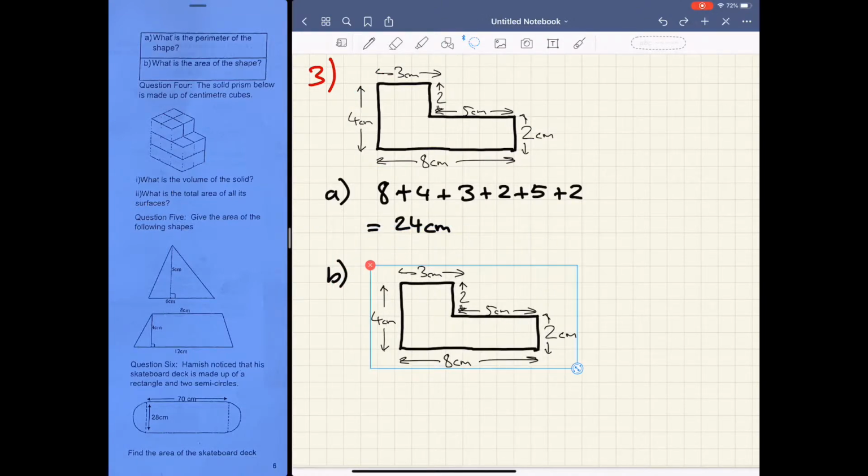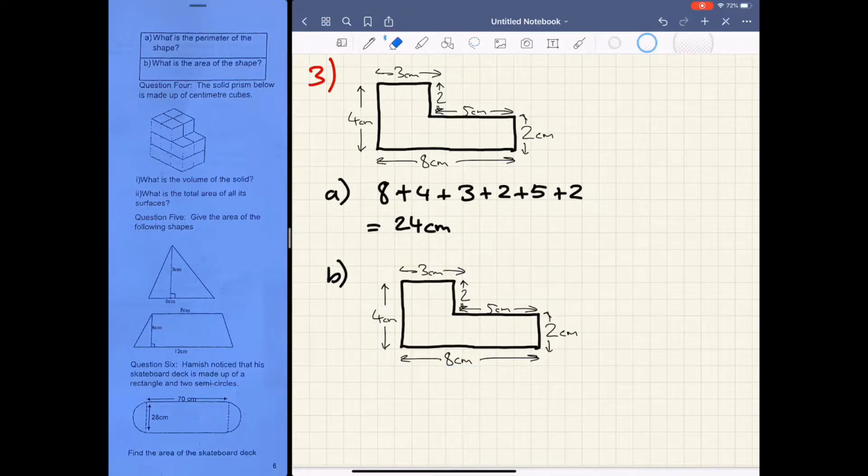We can use what we've got here. Okay, so for the area, let's divide this up into 2 rectangles. So this line along here, this is 1 rectangle and that's 2 rectangles.